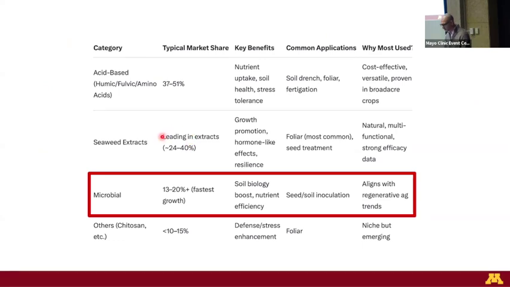The microbial, the bacteria and fungi, are between 13 to 20%, and this is the one that is growing the fastest right now because of all the acres that have potential for use with grain crops, especially with nitrogen fixation. And then other products like some chitosan, ascorbic acid, and salicylic acid are starting to get more attention, but it's still very early development.